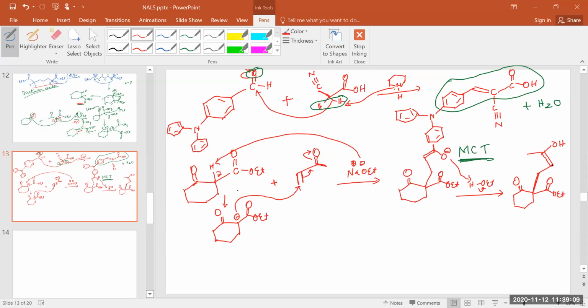So 1, 2, 3, 4 carbons. Now this one, ketoenol tautomerism, what will it make? It will make a ketone. So the ketone will be like this.